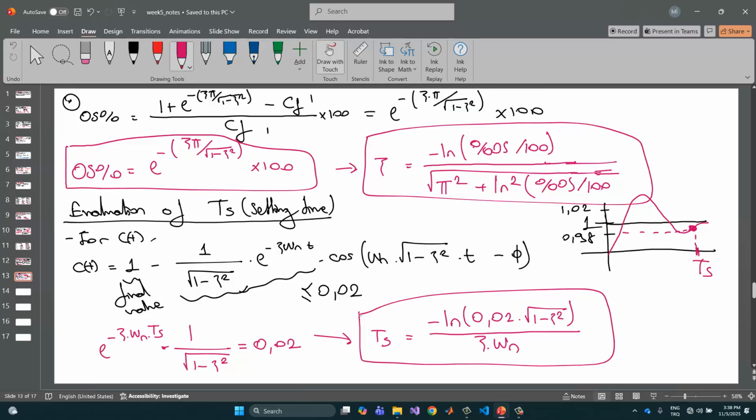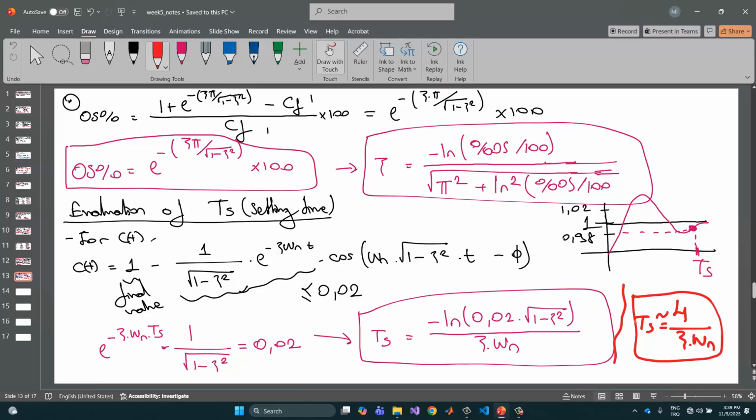But this is too complex because we have the 0.02 term in here. This is too small. Generally, in the control literature, we can make some assumptions, and ts is finalized as 4 over zeta wn.